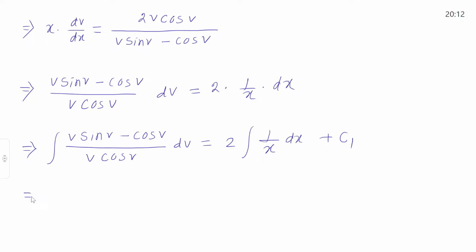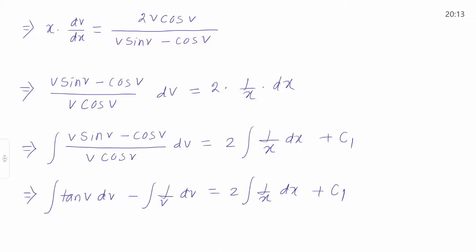So to integrate it, you see here this v cancels by this v, sin by cos is tan v, and right, it is tan v dv minus cos cancels, it is 1 by v only, 1 by v dv is equal to 2 times of integration 1 by x dx plus constant c1.